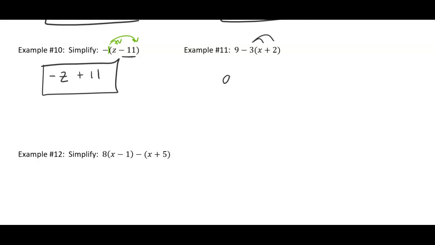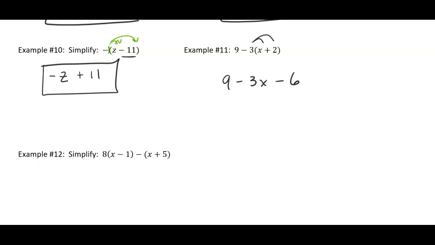So it's going to be 9 minus 3x minus 6. So you can think about that for a minute, but negative 3 times x, negative 3x, or minus 3x. Negative 3 times 2 is negative 6 or minus 6. If you want to write plus a negative 6, you could do that as well.